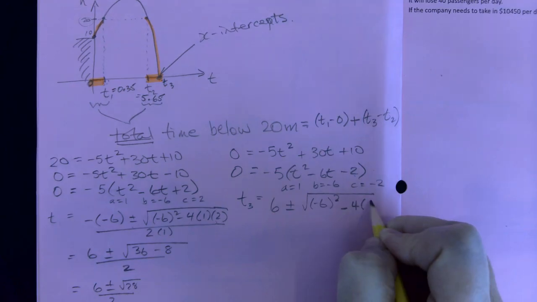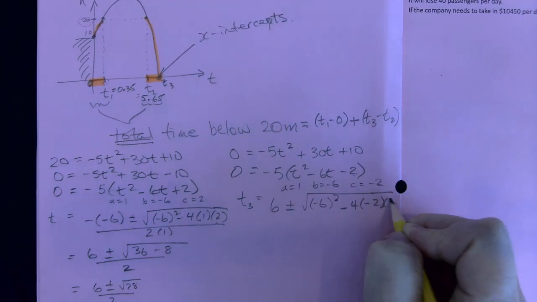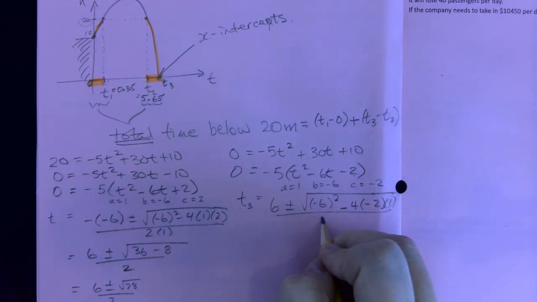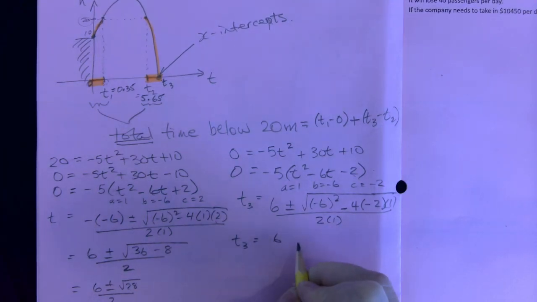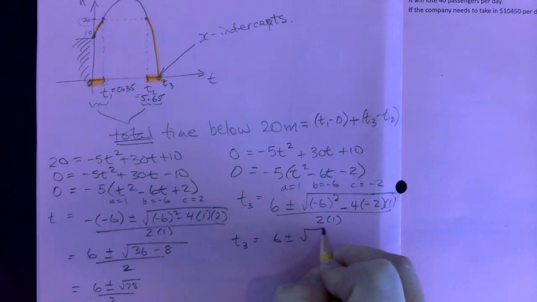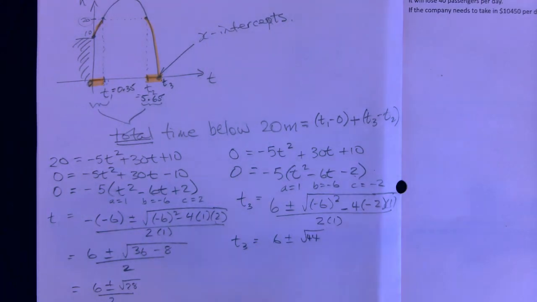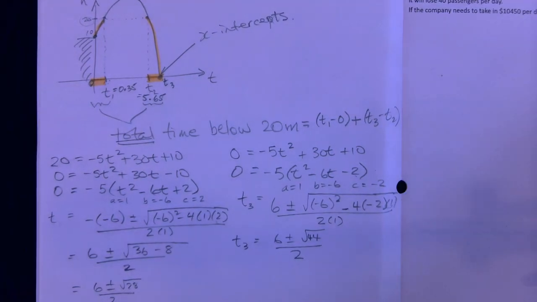minus 4AC. A is just 1. I could put it in if you want, but I don't have to. It doesn't change anything. Over 2 times 1. Punch that into your calculator. You should get root 44 over 2.